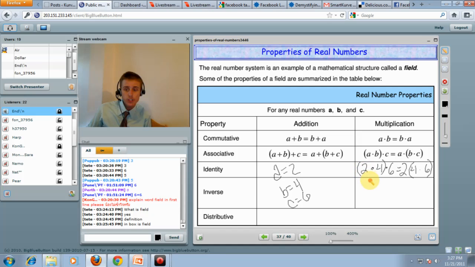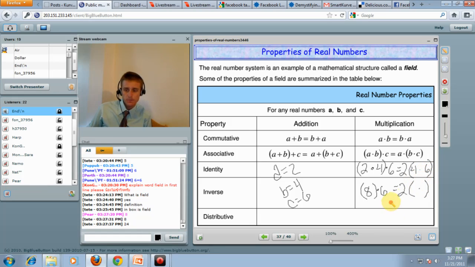So 2 times 4 is what? Correct. 8 times 6 equals 2 times, and what is 4 times 6? 4 times 6. 24, correct.